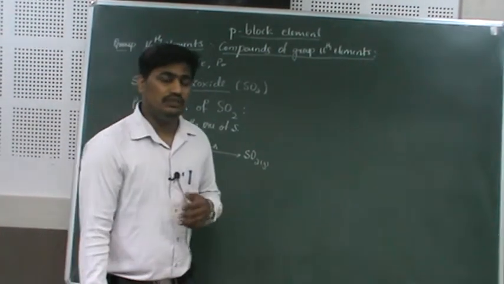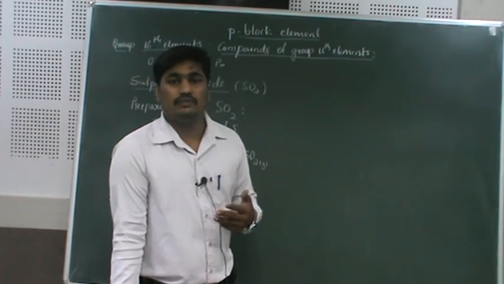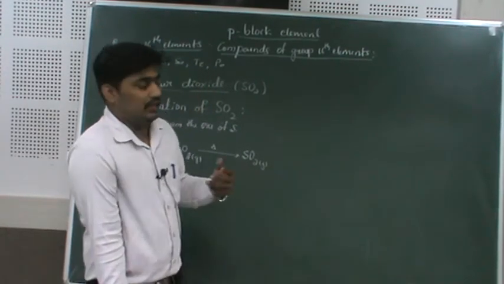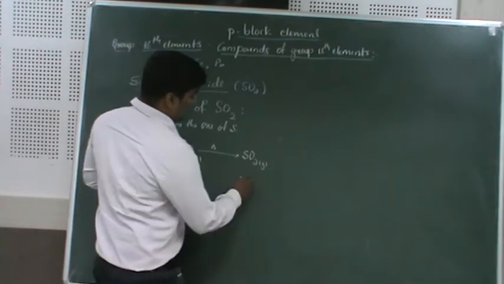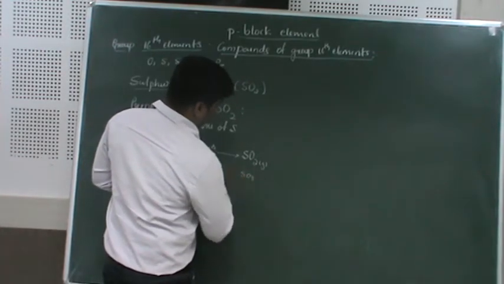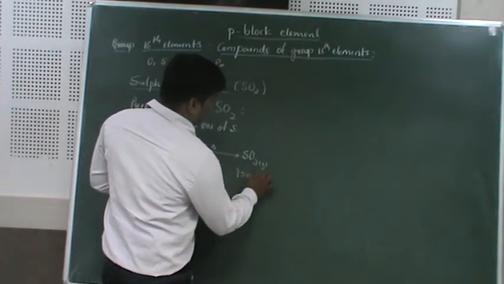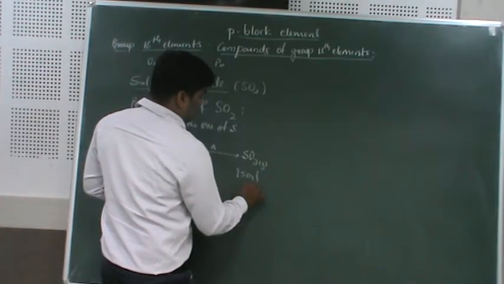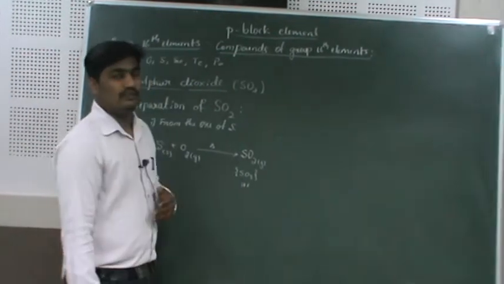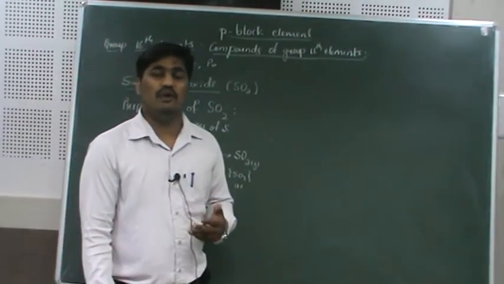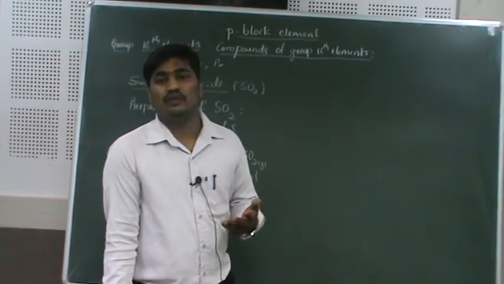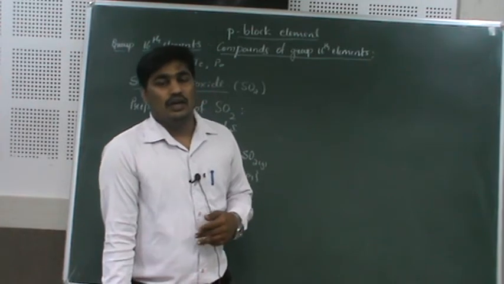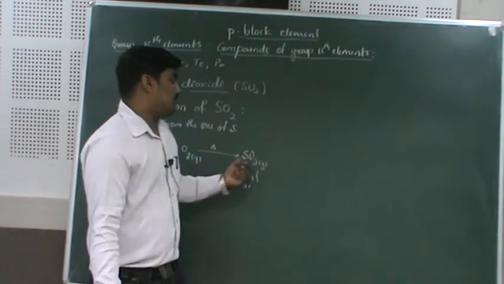During the preparation of sulphur dioxide from sulphur, there is a possibility of formation of sulphur trioxide also, around 8 to 10%, during the burning of the sulphur. We extract only sulphur dioxide.